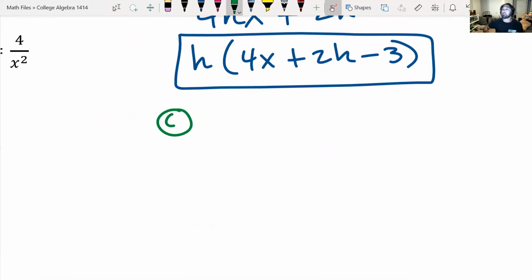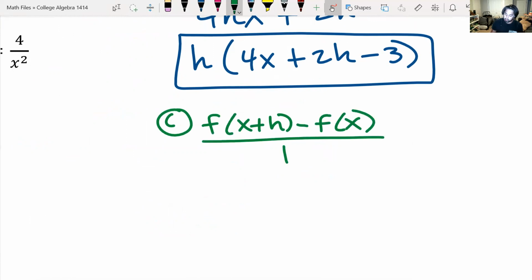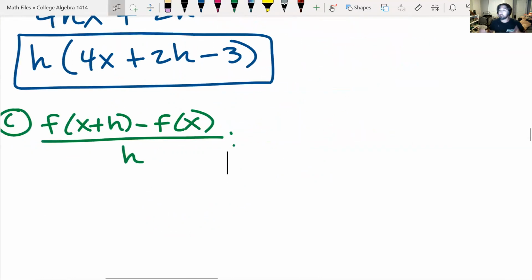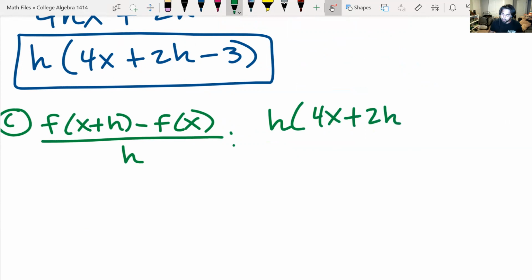All right. And step C is putting the whole thing together. So it takes f of x plus h minus f of x, and we put it all over h. So basically, you take whatever we found in step B, rewrite it, h times 4x plus 2h minus 3, and you put it all over h.